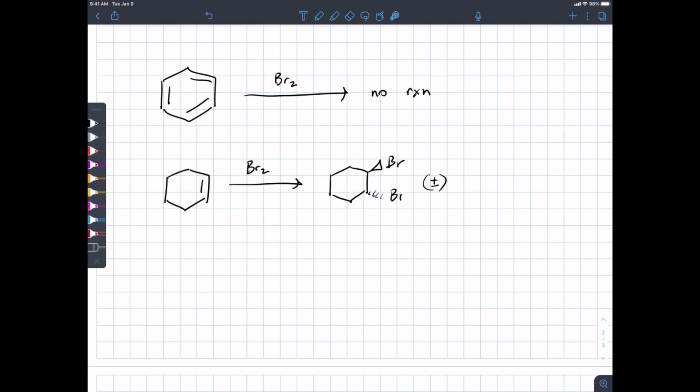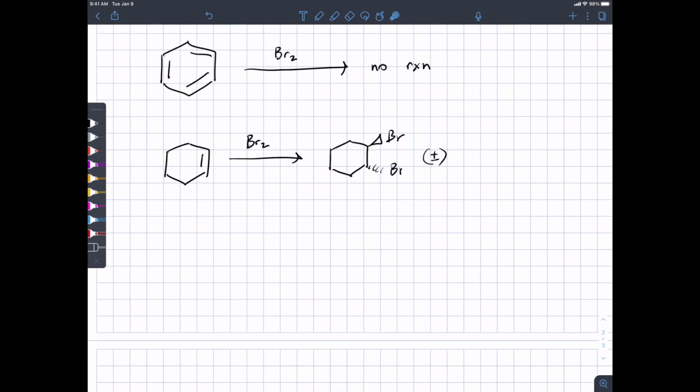But that'll come in a later chapter in 352. Just realize for this time, if you see the benzene ring, it's not going to react with alkene addition conditions. You can get this to do something, but you need a reagent to soup up how electrophilic the bromine is, and what happens is actually not an addition reaction. It's a substitution reaction, which we won't talk about.